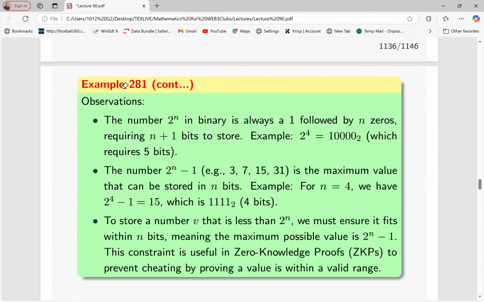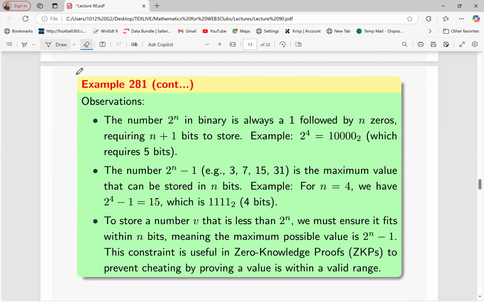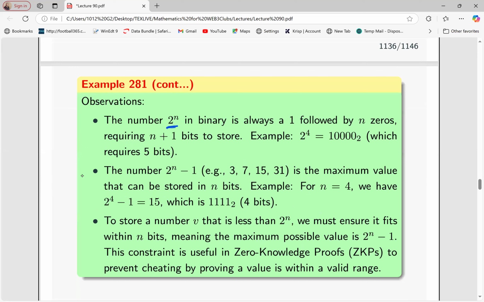And that is what I've discussed here. I've said the number 2 raised to n would be n plus 1 bits. So in fact, this number in binary would begin with 1, followed by n zeros, and that will be the binary equivalent of this number.